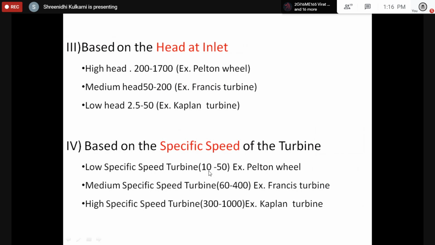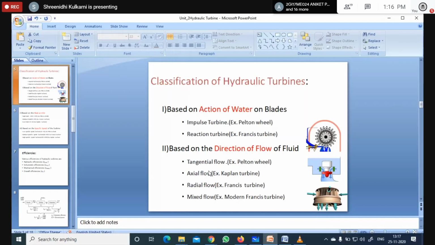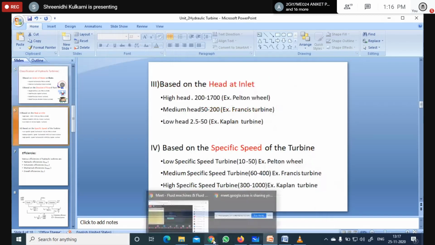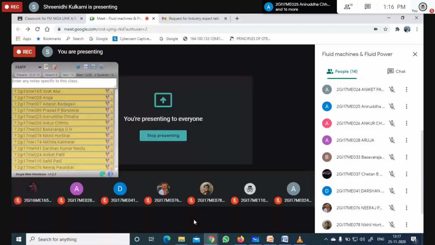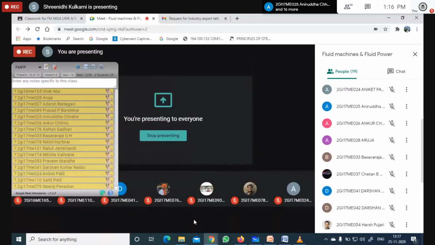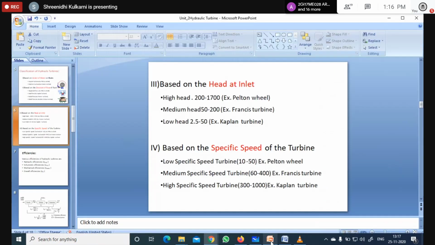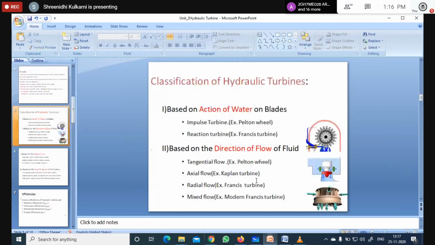Now I have one question. What are the characteristics of a Pelton turbine or a Pelton wheel? Anyone can answer.